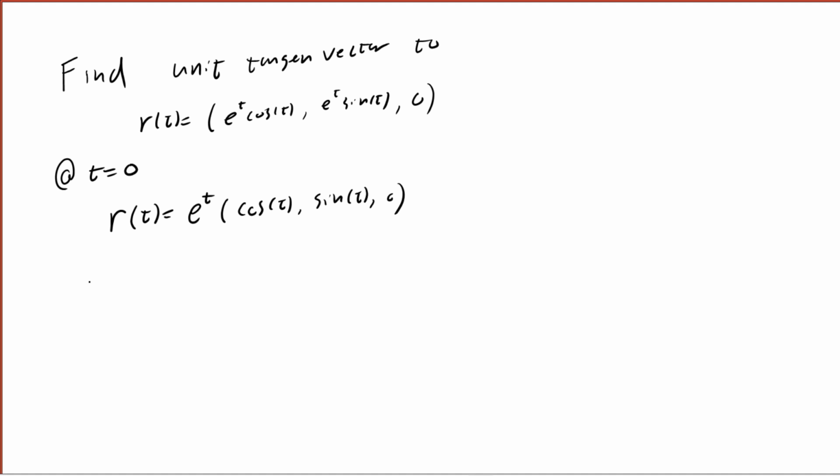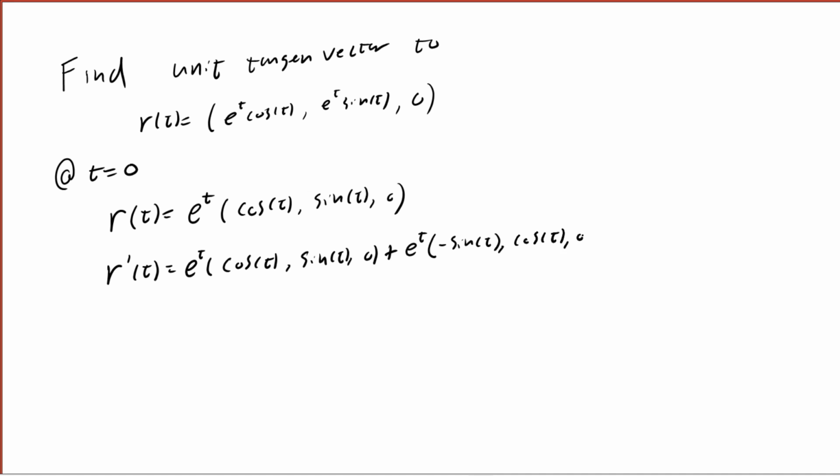Now if I do the derivative, I can just use basically the product rule, or something that looks just like it. So r prime of t is e to the t times this function, plus e to the t times the derivative of this vector function. The derivative of cosine is negative sine, cosine, 0.